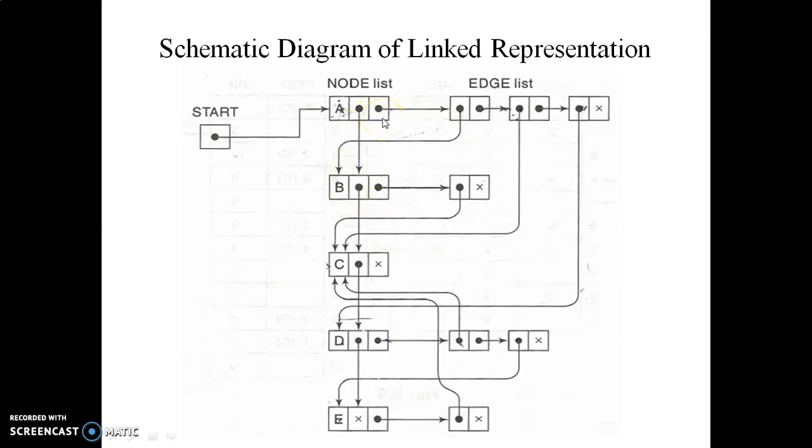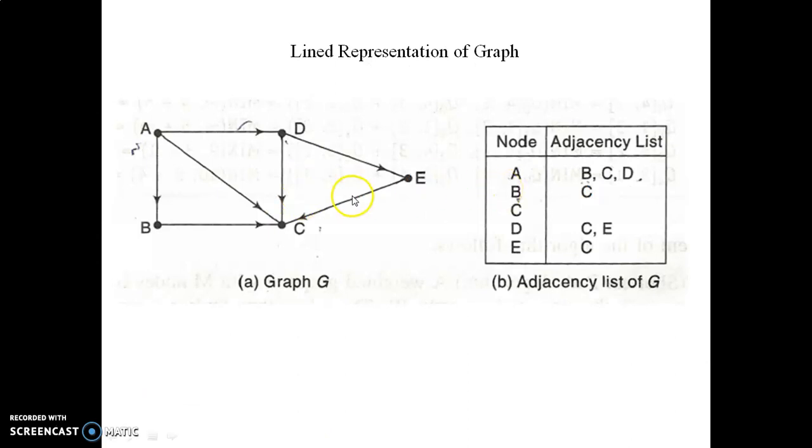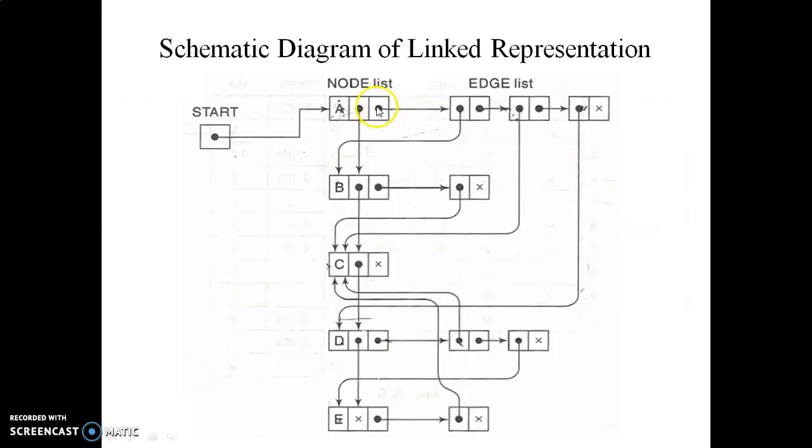And in the third field, called the adjacent field, it will have the address of the first node in the edge list. In this case, the address of the first node in the adjacency list is B. So this particular field will have the address of B.